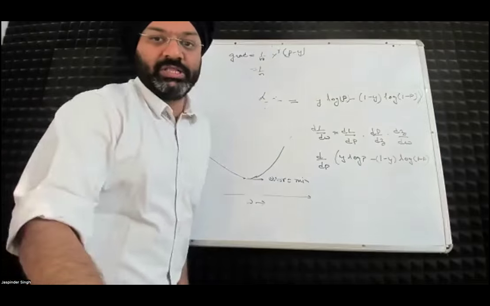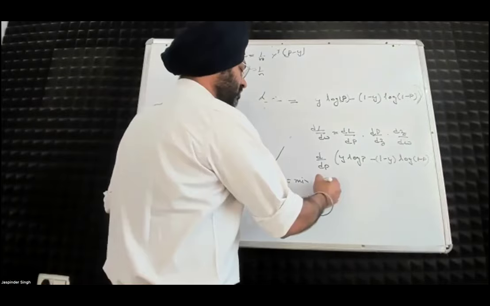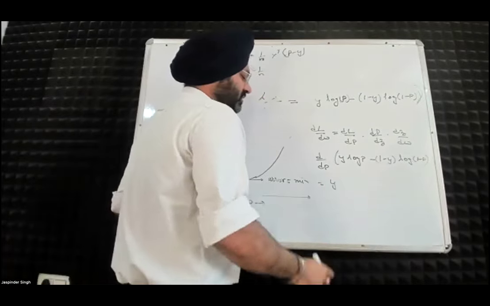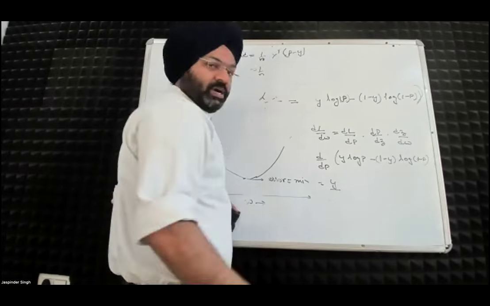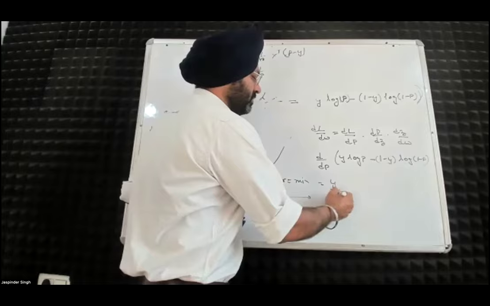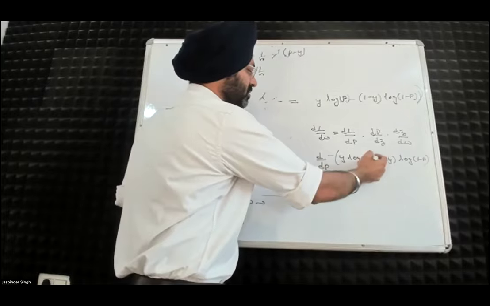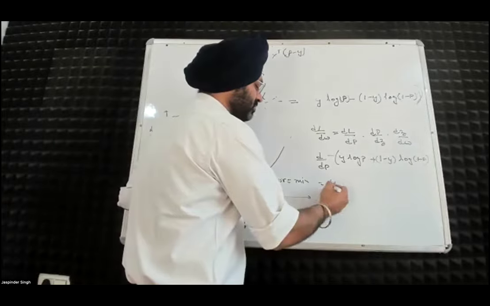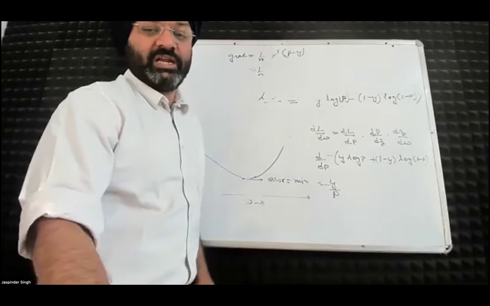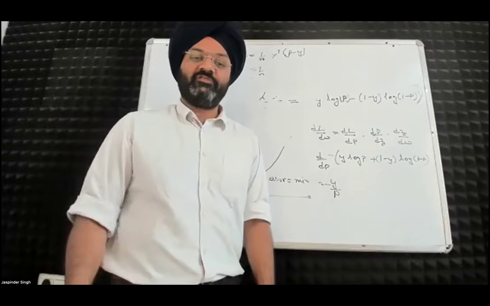In this scenario, y will be constant because everything is changing according to p. With the minus in front of both, that is minus y times log of p, whose differential with p is nothing but 1 by p.